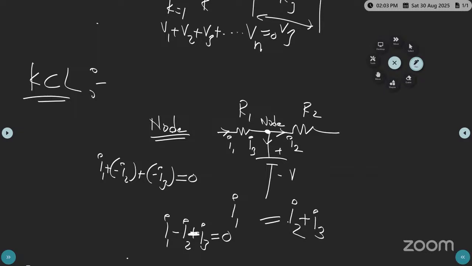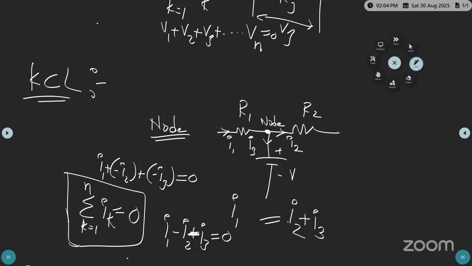So the KCL point formula is sigma k equal to 1 to n, Ik is equal to 0.